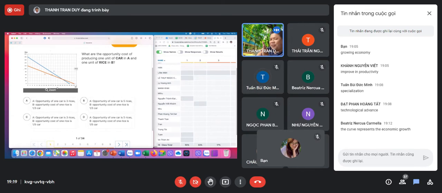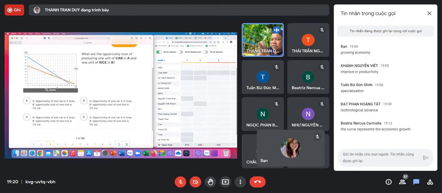No. Blue is A. The orange is B. You take 120, you divide it by 40, and the orange curve is country B. So in country B, the opportunity cost to produce a car is 3 rice. But they ask you what? The opportunity cost to produce a car in A, not B.